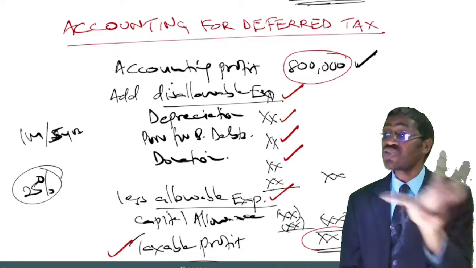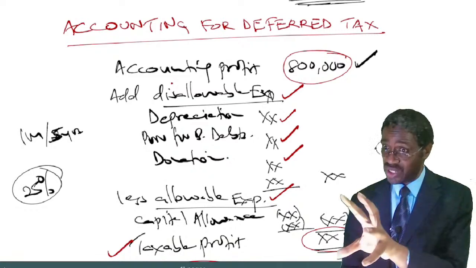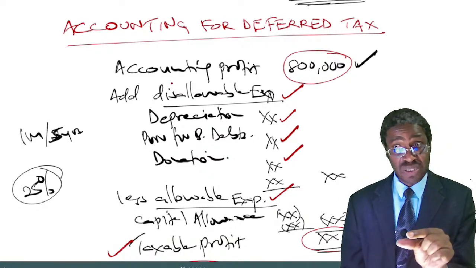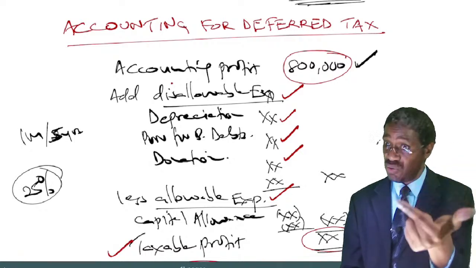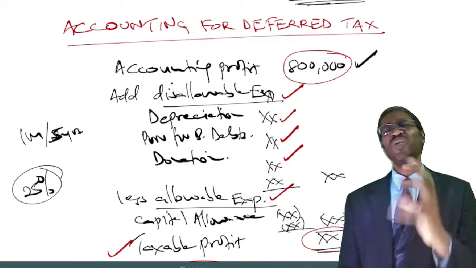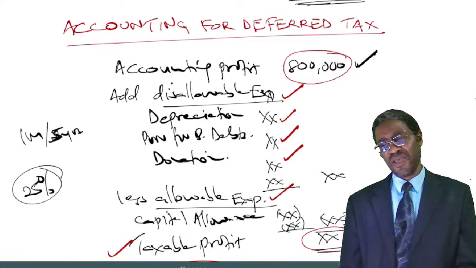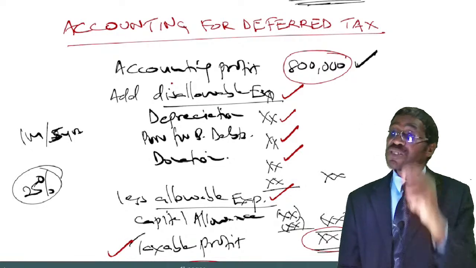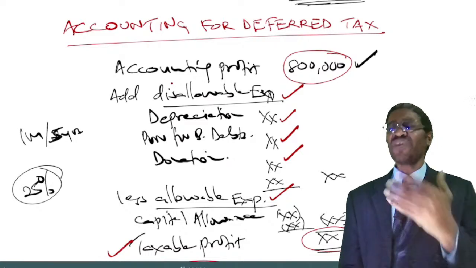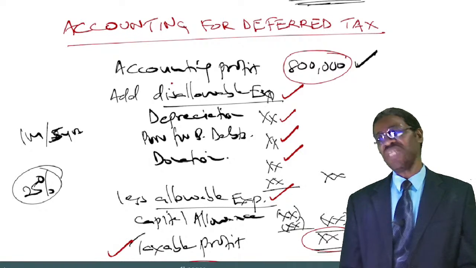It could be interest on loan or interest on debenture. You have recognized it on accrual basis for purpose of accounting. So when I give him the 800, what will he tell me about my expenses? He will tell me my expenses are overcasted, because I've included another expense called interest.